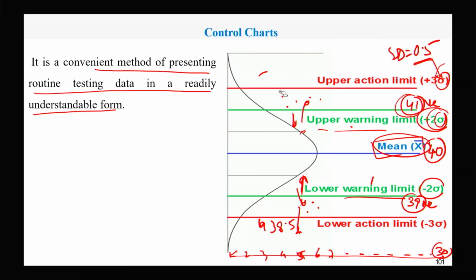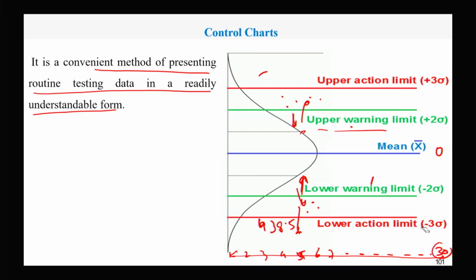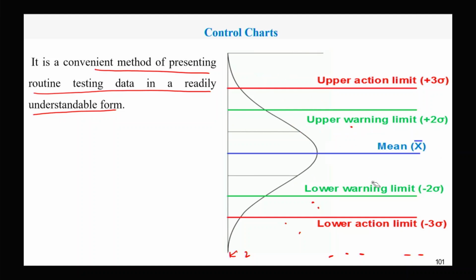Now, say for a 40 count, this is our blank control chart. 40 is the mean, and we know the 41, 39, and 41.5 and 38.5.